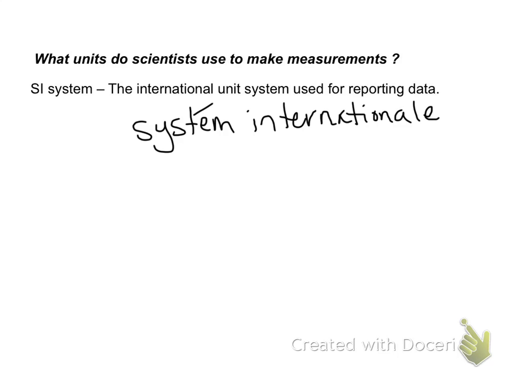It's what we should use internationally to report data. The reason it's so important is because if we don't use these units for making measurements, our units are incomprehensible to other people around the world. So we want to have a consistent system where scientists around the world know what one another are saying.